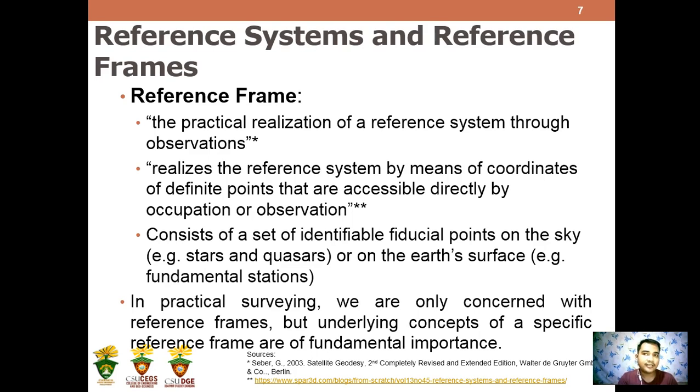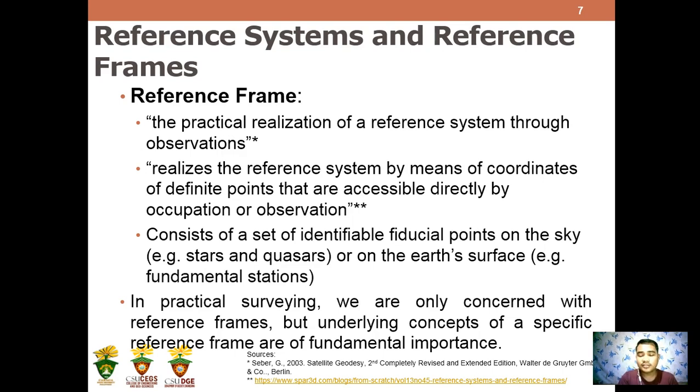For example, the doctor finds that you have a UTI, then the doctor gives you a prescription for the tablets and all the necessary medicine. If we connect it to reference system and reference frame, the prescription you received from the doctor is the reference system. It's a prescription, no? You cannot realize it unless you buy it. Anyway, it's a prescription for you. It's up to you, if you want to get better, then you buy the medicine.